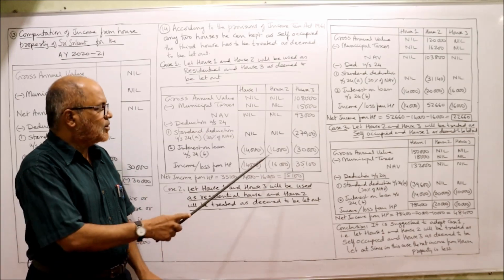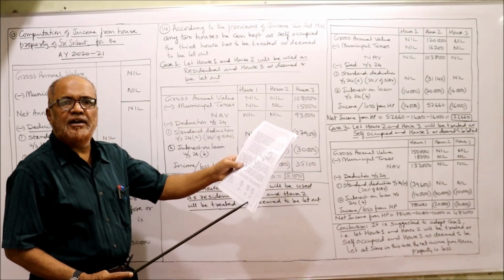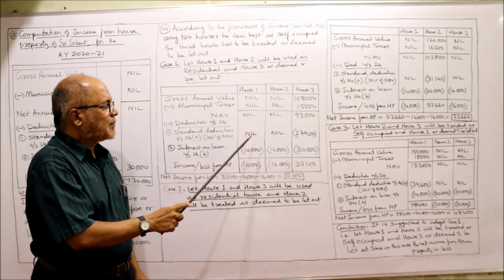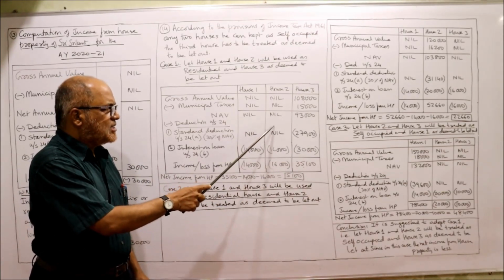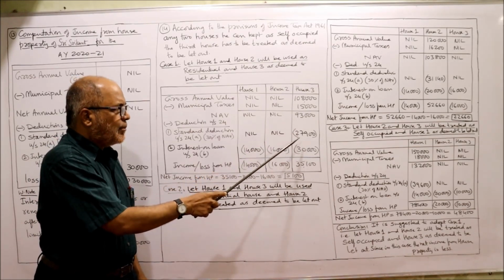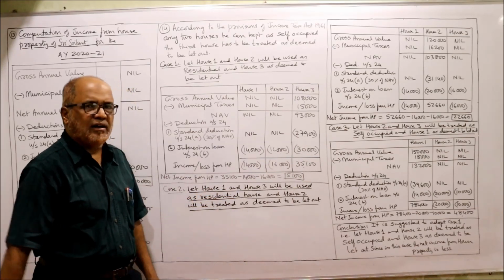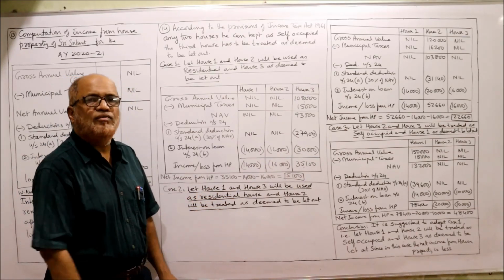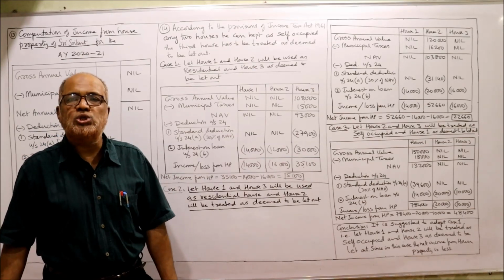Only 30,000. And third house is 30,000 given in the problem. Interest on loan is 30,000. Now subtract. 0 minus 14,000, minus 14,000. 0 minus 16,000, minus 16,000. 93,000 minus 27,900 minus 30,000, 35,100. So in third house, we are having income, whereas first and second house, we are having loss.